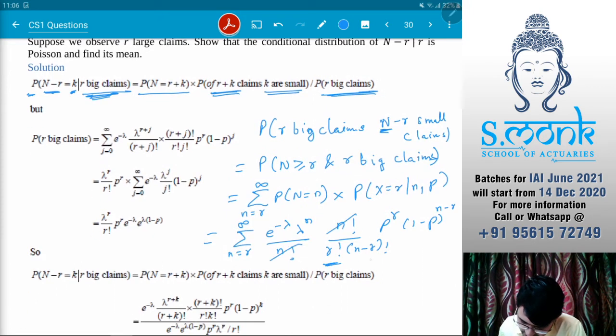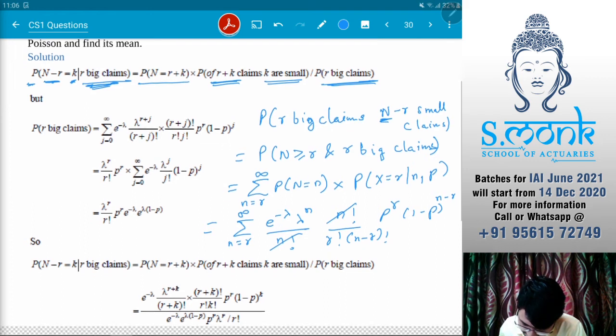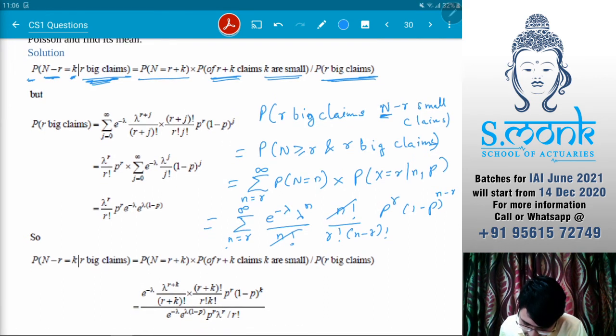We are left with, if I take another variable, like here they have taken j, if I say j is nothing but n minus r, so therefore j is going from 0 to infinity in this case. Like see here, j is going from 0 to infinity, e raised to minus lambda and then lambda raised to r plus j upon r factorial j factorial and p raised to r, 1 minus p raised to j.